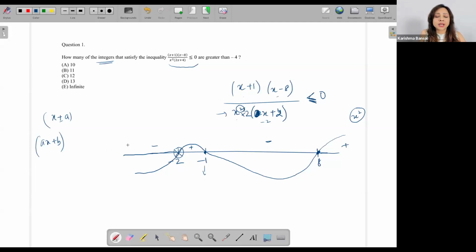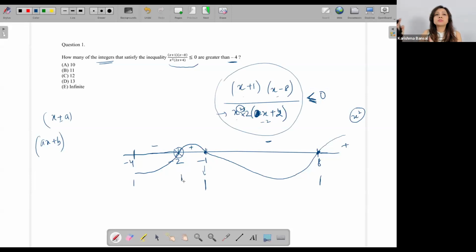Now, x has to be greater than -4 as well, so my -4 is over here. I want the negative values of this particular expression, because I'm looking for less than 0. This entire expression should be negative. And I know it is negative in this particular range from -1 to 8, and I know it is negative in the -4 to -2 range.